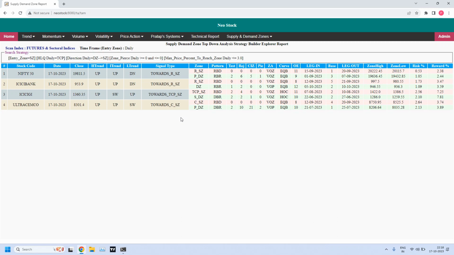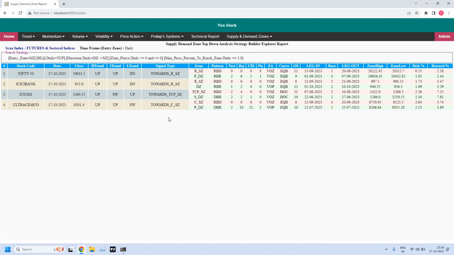But the advantage is you are getting more stocks, because if all of a sudden any stock is down by 3%, that stock would be listed in our stocks near the demand zone, and you will get an entry. So focus on this list also for your analysis purpose, because all these stocks are only high liquidity zones.